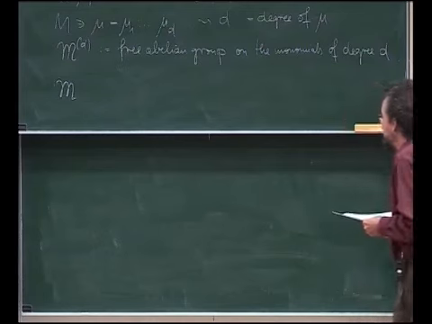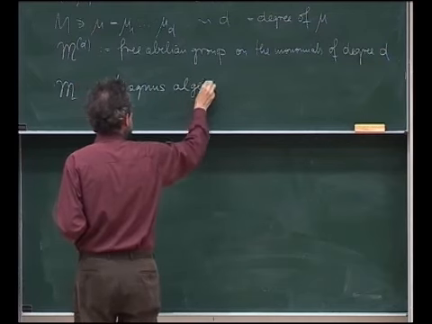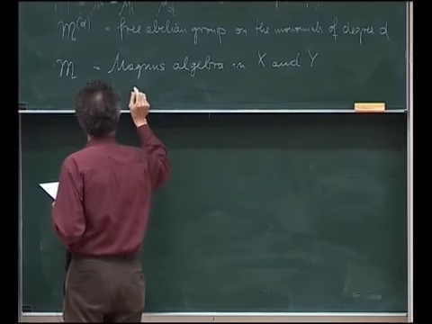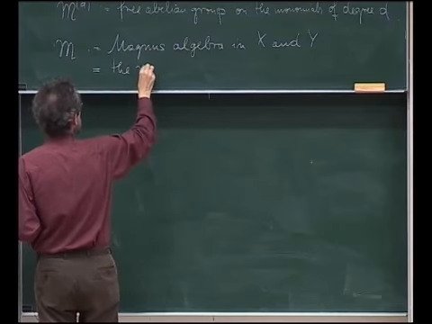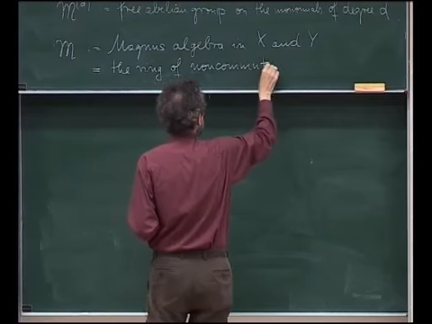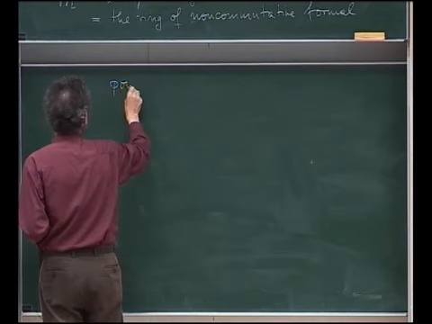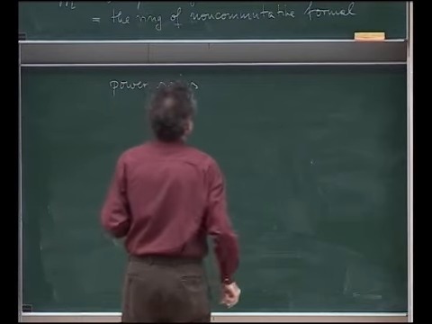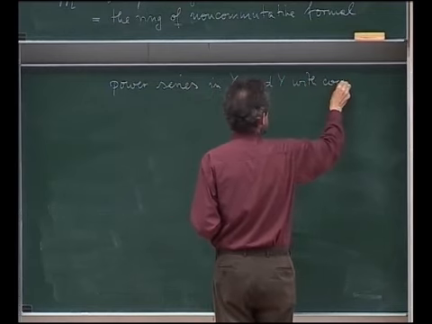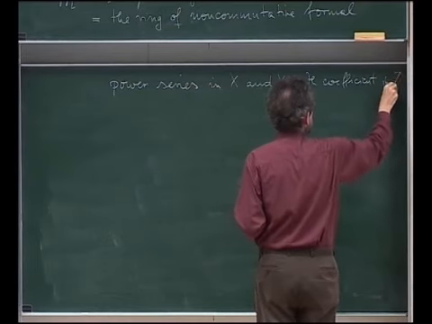Now on the other hand, I don't remember exactly how this is written, but M without D is defined to be the Magnus algebra in X and Y, which is simply the ring of non-commutative formal power series in X and Y with integral coefficients.